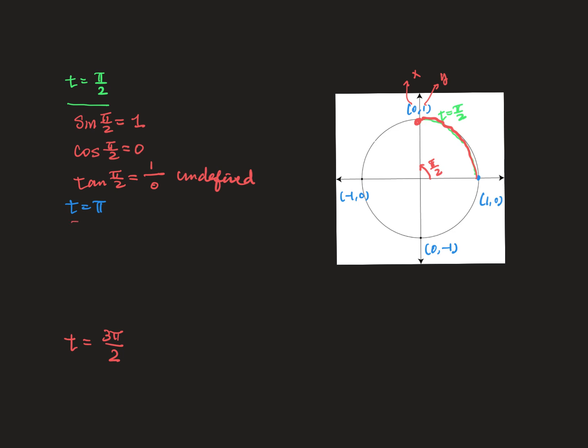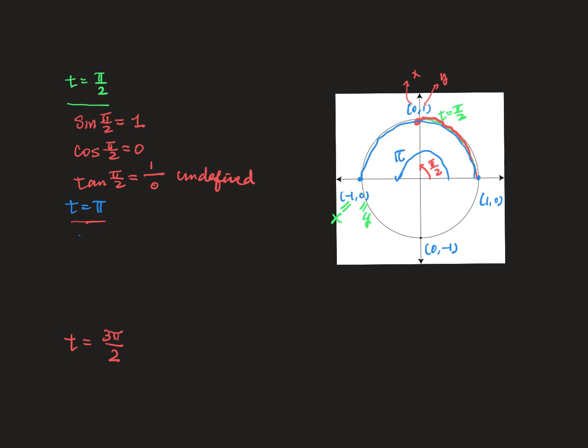Okay, let's go to t equals pi. Pi is a half revolution, so it goes all the way here. When t equals pi, the coordinate on the unit circle is (-1, 0). This is the x value and this is the y value.